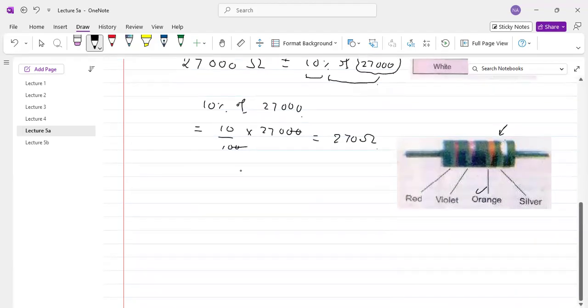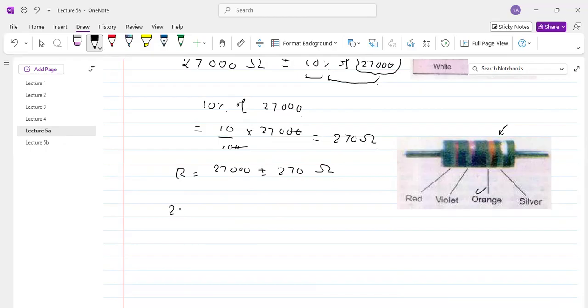So the actual value of resistance of this resistor with this color coding is R equal to 27,000 plus minus 2,700 ohm.